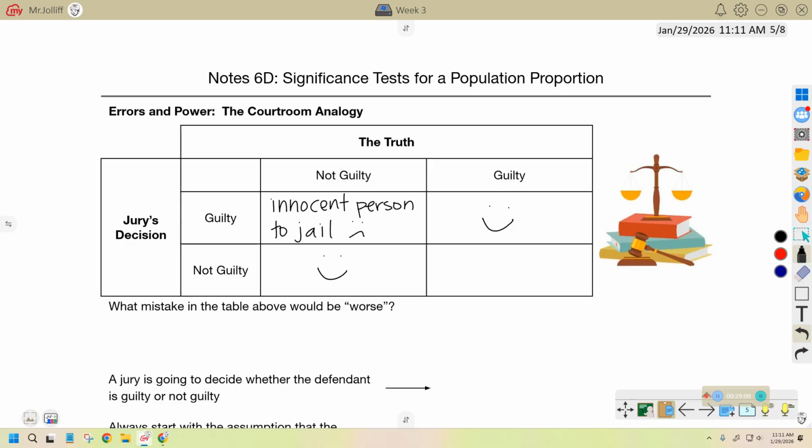Yeah, no, we don't want to do that. In the other box, the lower right, I acquit the person, but in reality they're actually guilty. What happens? The criminal goes free.